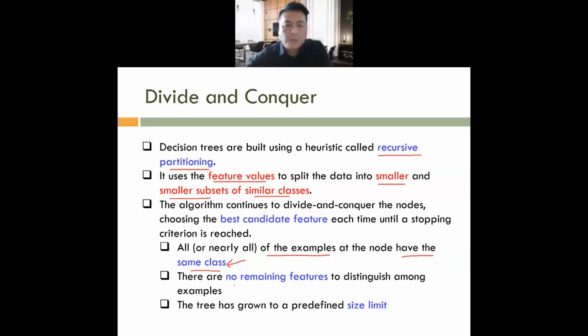Or you can stop if you do not have any remaining features to distinguish among the examples in the same node, or the tree has grown to a predefined size, like a tree depth of 3 going down, or the width of the tree reaching the limit already. So we can stop the construction of the tree if the tree has grown to a predefined size limit.